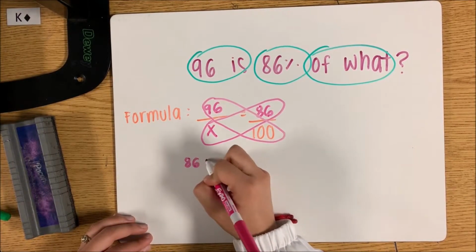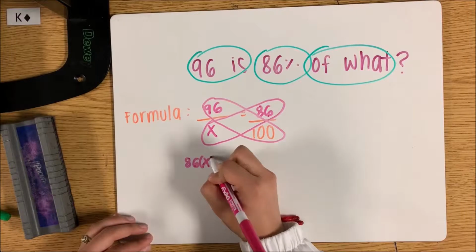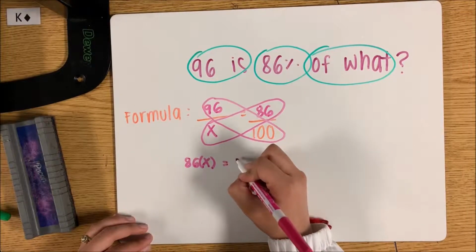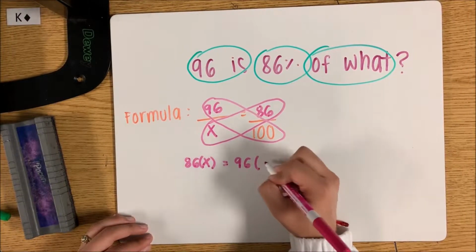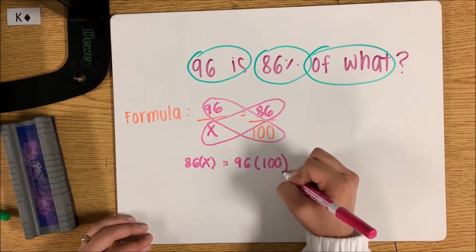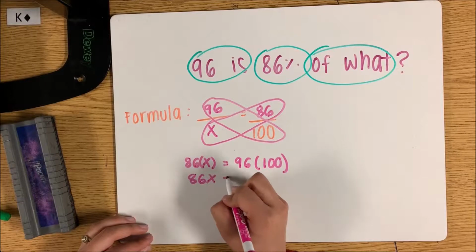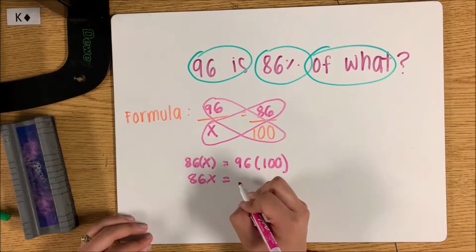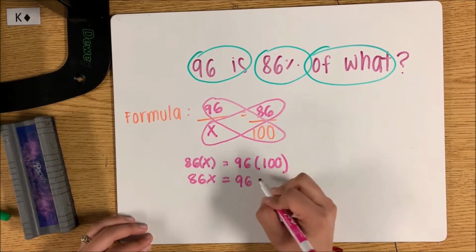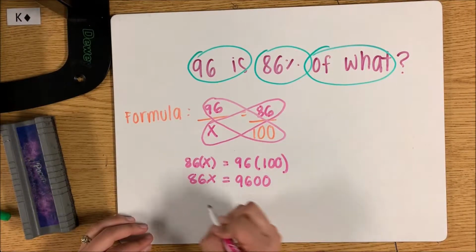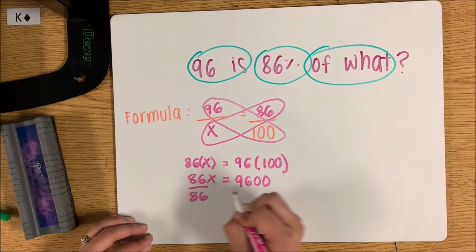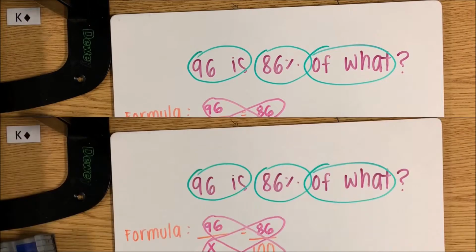We are left with 86x equals 96 times 100. After multiplying, we are left with 86x equals 9,600. To get the x variable alone, we will divide each side by 86.